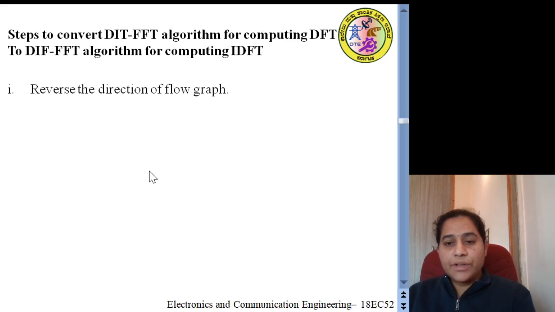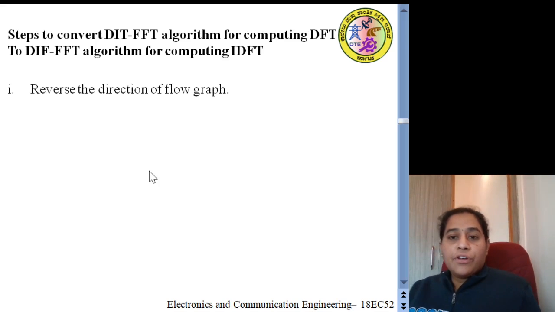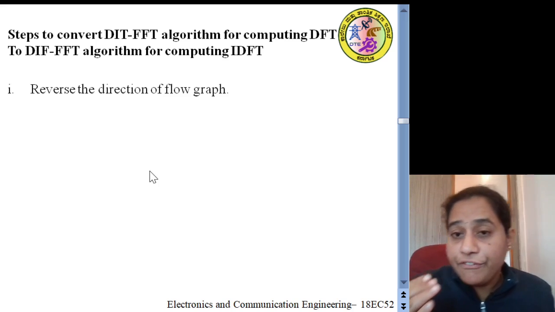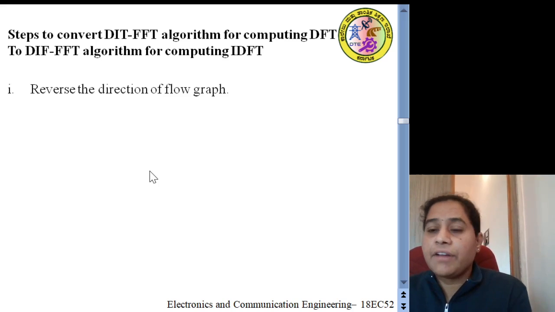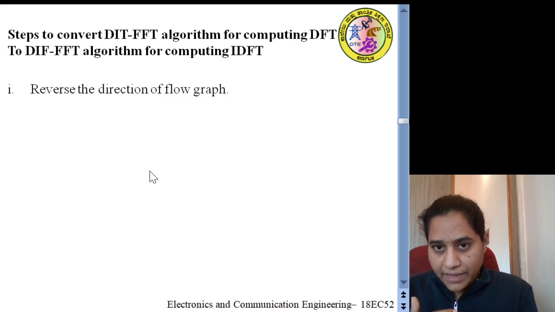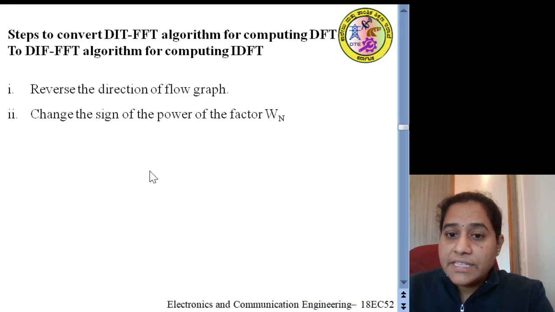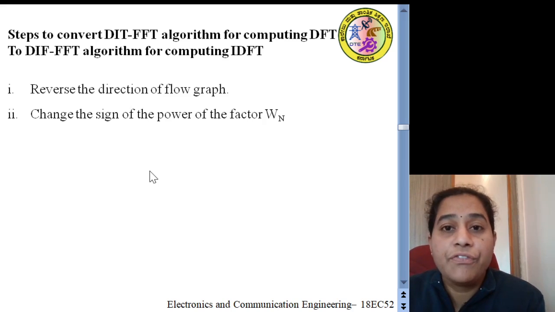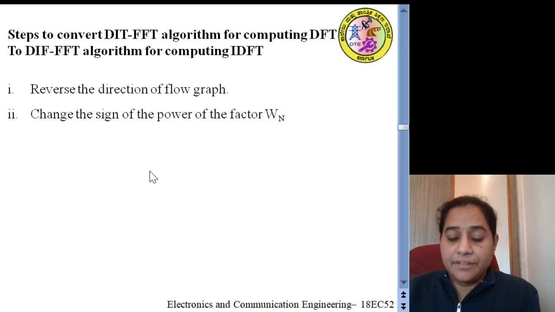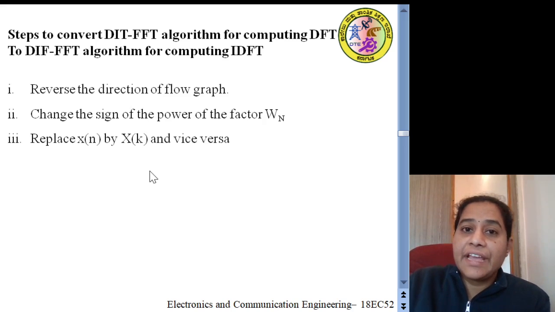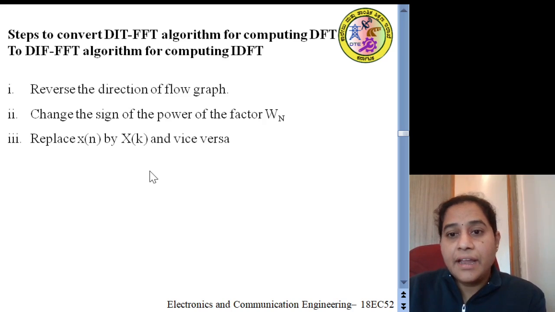First, we have to take the flow graph of the DIT FFT algorithm for finding DFT. Then we have to reverse the direction. Second step is we have to change the sign of the powers of the Twiddle factors WN. Then we have to replace x of n by x of k and x of k by x of n.